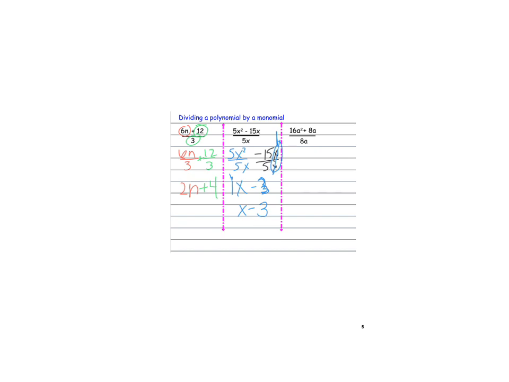And then the last example, we've got 16a squared divided by 8a plus 8a divided by 8a. So here we have 16 divided by 8 is 2. A squared divided by a is a. Again, I'm subtracting these numbers in order to get this.